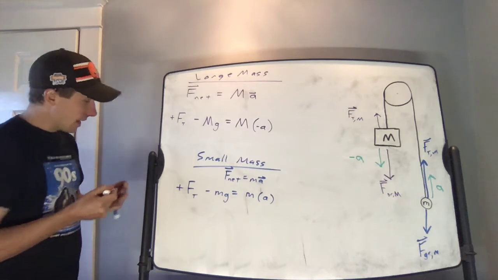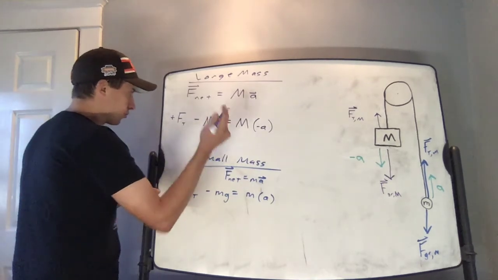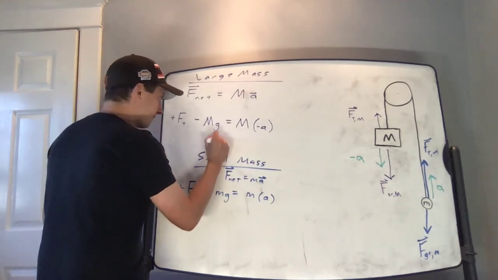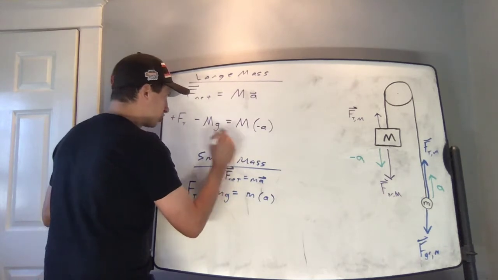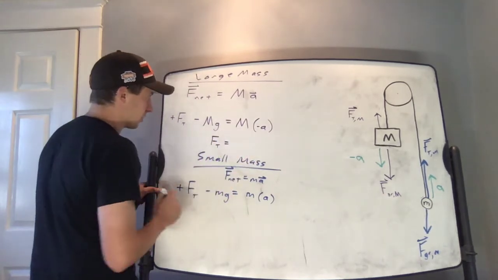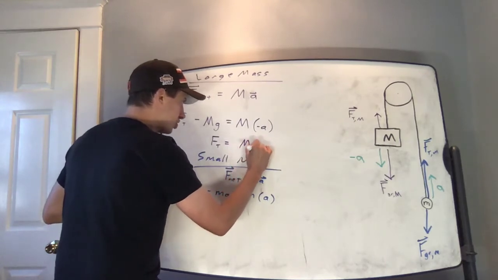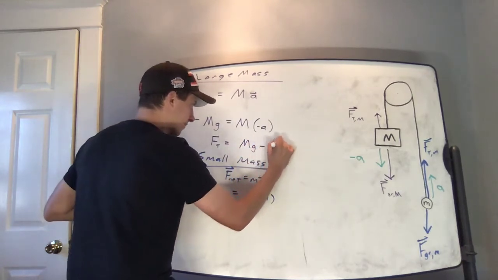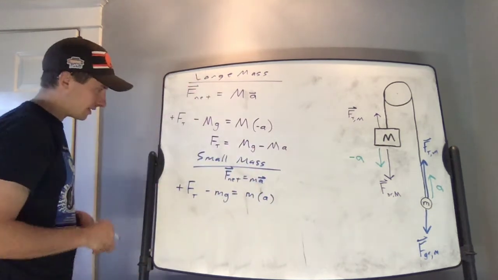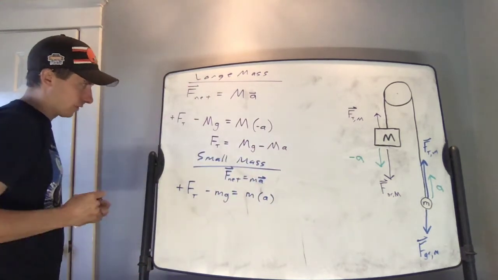So let's see. I could rearrange this equation to say F tension is equal to, I'm going to bring this mg to the other side, so I get big M times G minus big M times A. And I'm going to do the same thing over here.